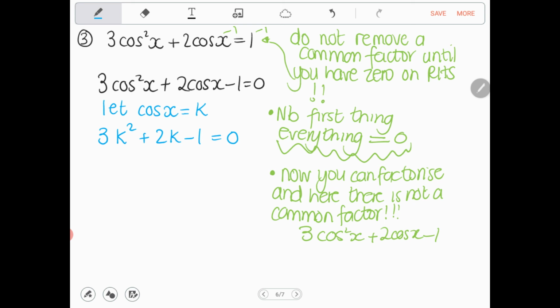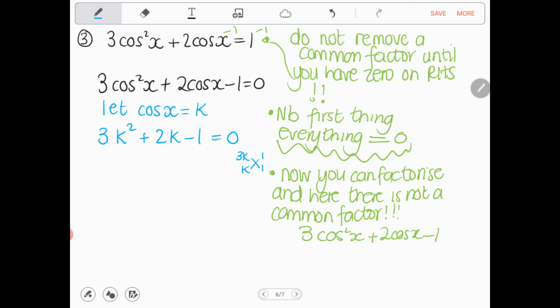All right, so we're going to factorize. So we need factors of 3 and 1 that subtract to give 2. So 3k and 1, and 1 and 1.